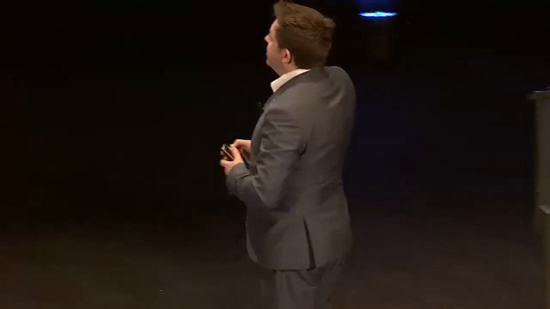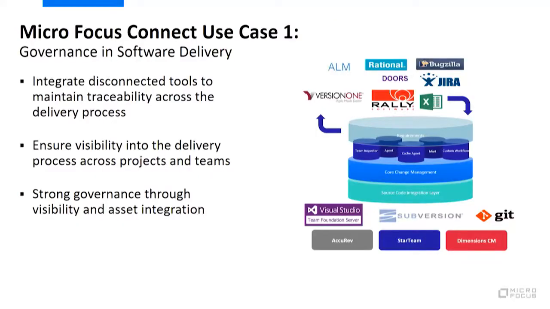Let's say a simple use case. We want to do some governance across not just tickets, but software configuration management systems. Let's say we want to take StarTeam or AccuRev, or Dimension CM, or Git, or Subversion, because we have all of those different source code management systems in our organization. But we want to point to a single location for control.